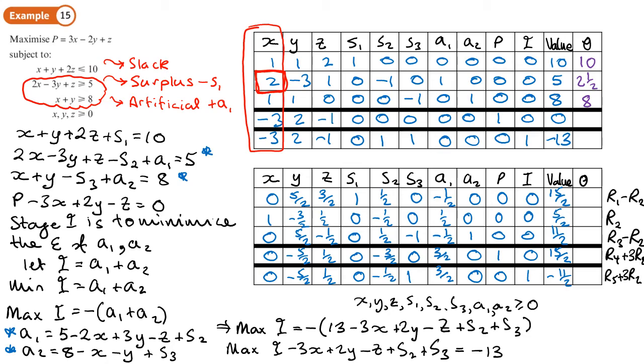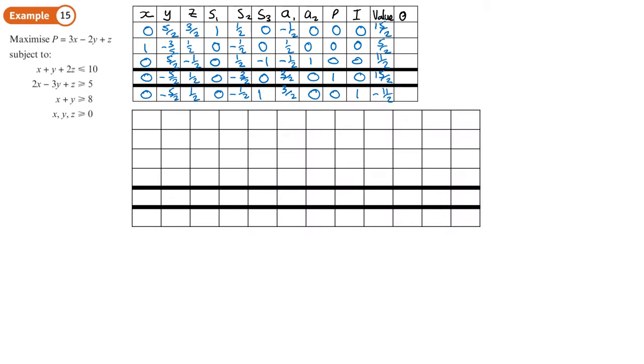So now we're going to identify the pivot before moving on to the next tableau. The most negative value we have, now remember we're maximizing I, so we look at this row, not this row here, but the most negative value is the negative 5 over 2, so this is our pivot column.